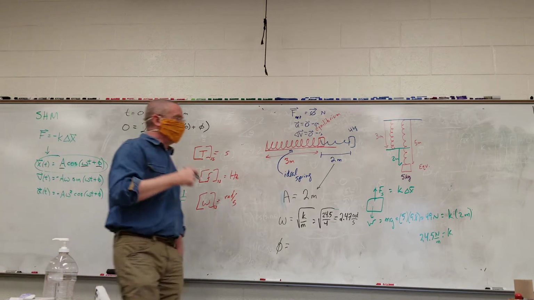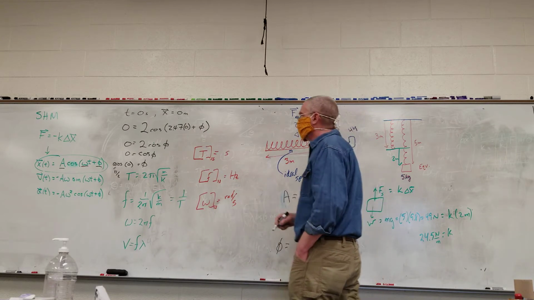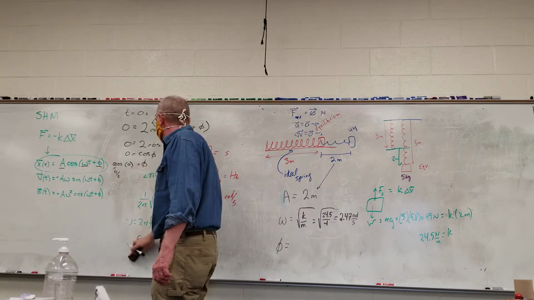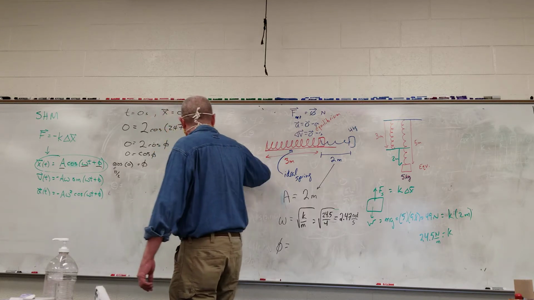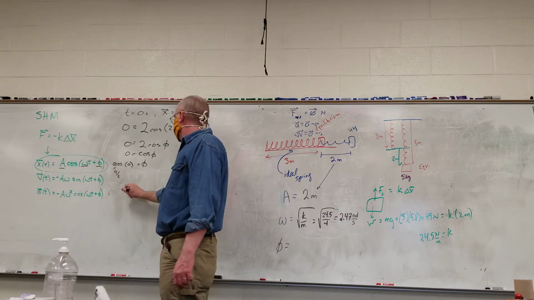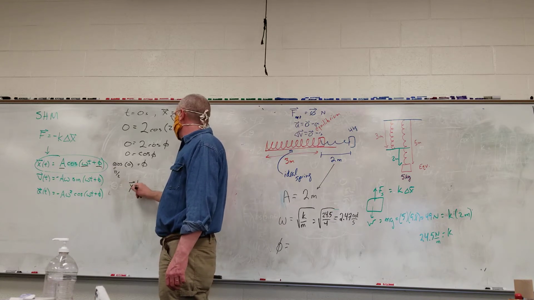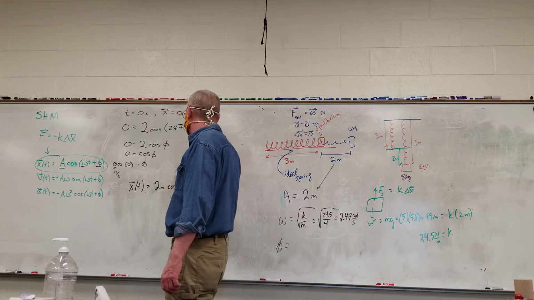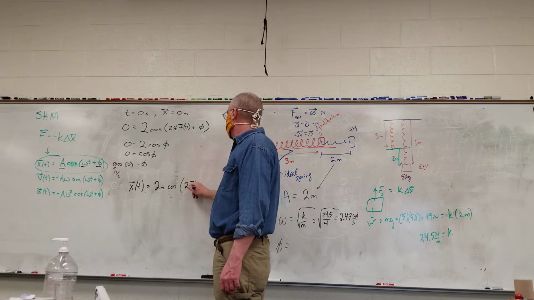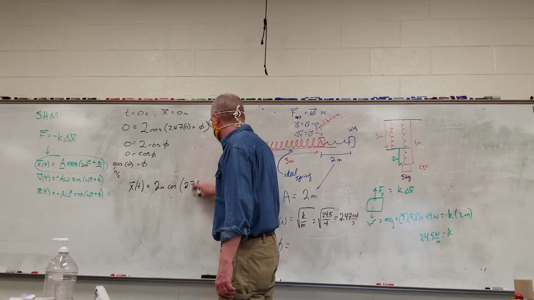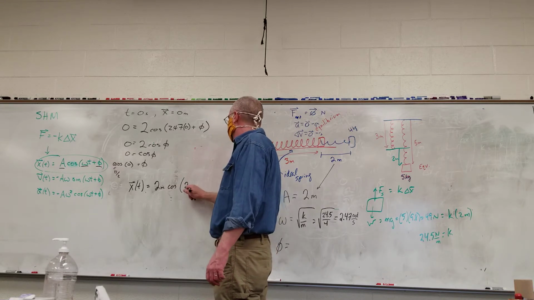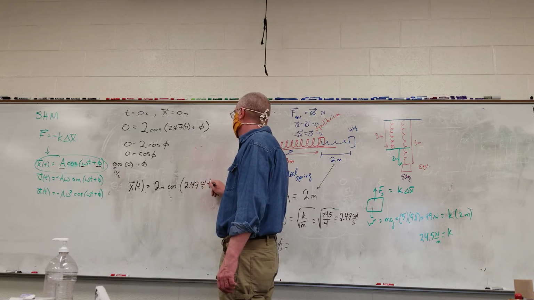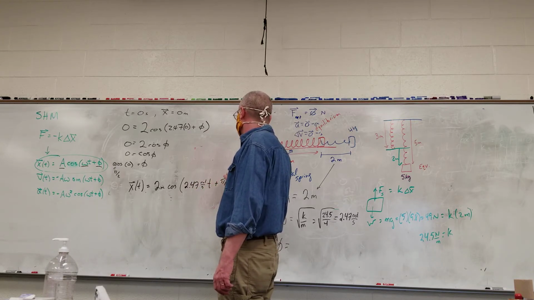So given the way we started this out, we are describing the position, x of t equals 2 meters times the cosine of 2.47 radians per second times t plus pi over 2.